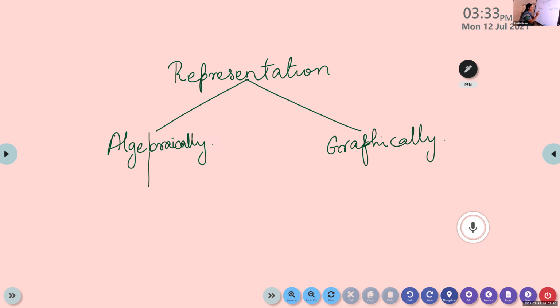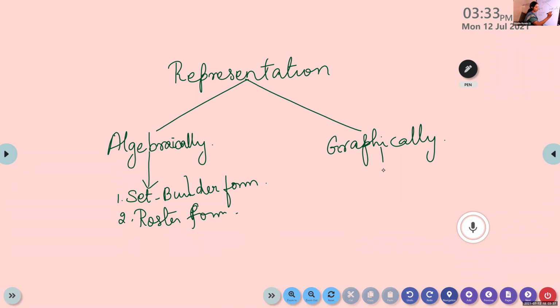In algebraic form, there are two ways. First one is set builder form, second one is roster form.